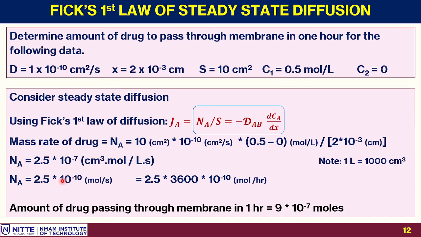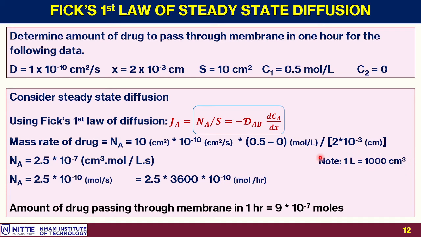So upon substitution, you find that NA will be equal to 2.5 into 10 power minus 7 centimeter cube mole per liter second. Now there is centimeter cube and liter. You can relate 1 liter is equal to 1000 centimeter cube.